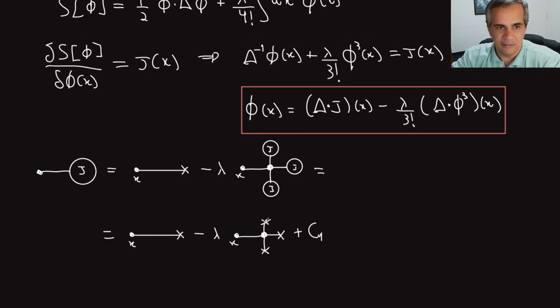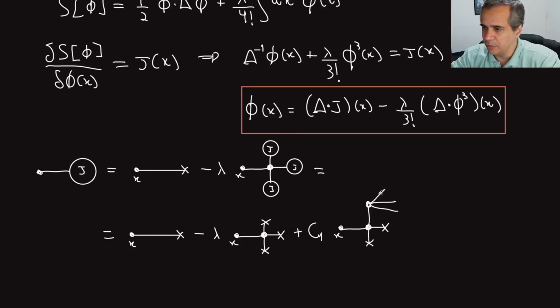But the next thing that I could put here, which is actually contained in that diagram, would be something like the line goes to another vertex that then goes to 3 times the classical field again, which I could put here or here.